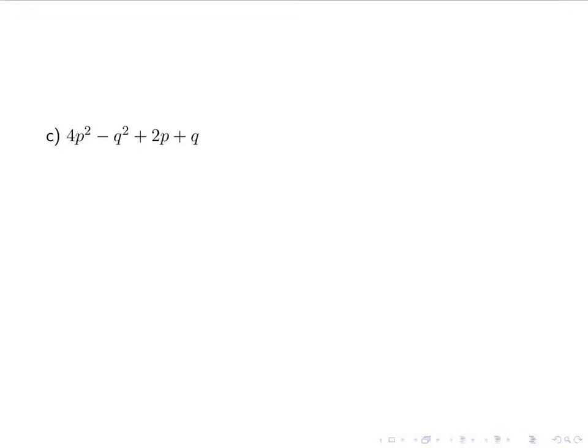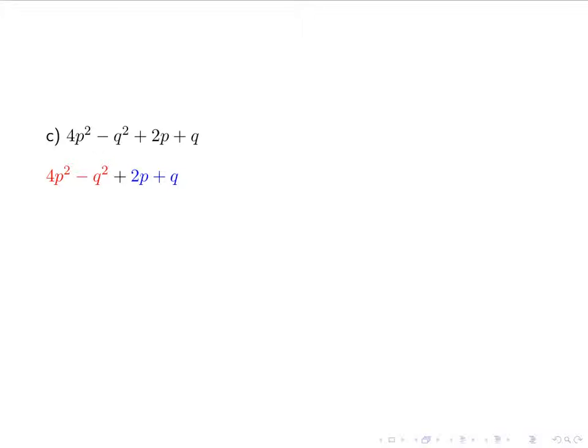So 4p squared minus q squared plus 2p plus q. So I'm going to break it down into the first 2 terms, the second 2 terms. Notice my red terms, 4p squared minus q squared, it's a difference of 2 squares. So when I factor it, I'm going to have 2p plus q, 2p minus q.